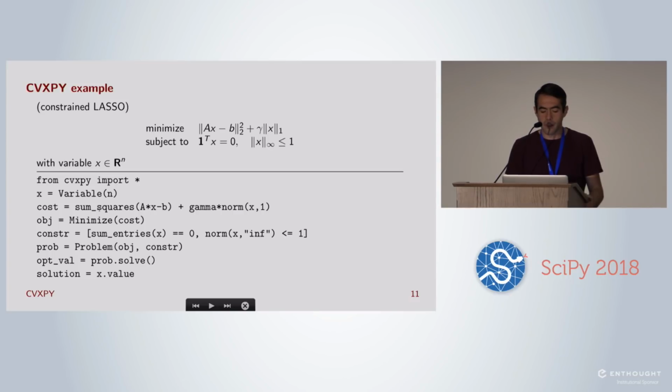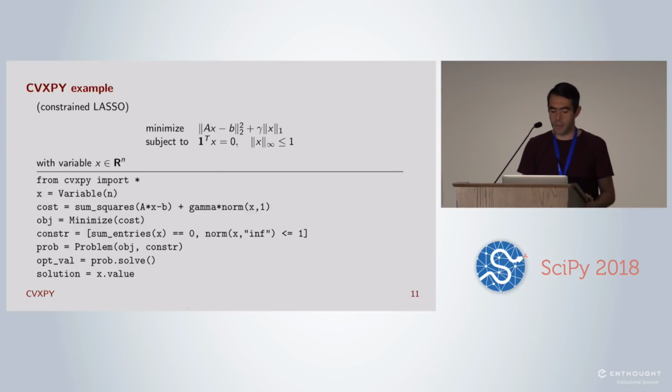You have this sum squares function here. This is one of those predefined functions in the library. This is not a user-defined function. This is predefined. And that's applied to A times x minus b. A and b would be numpy arrays. We've overloaded times, minus, plus, et cetera, all that stuff to construct expression trees.